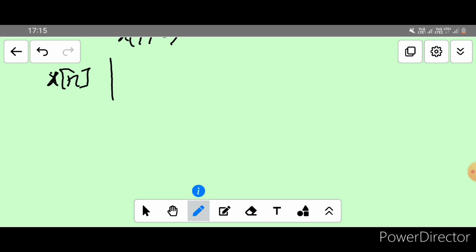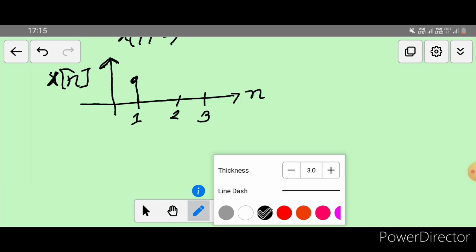Suppose xn is a discrete time signal. We are drawing here. This is n, this is xn. For your understanding, I am changing the color.